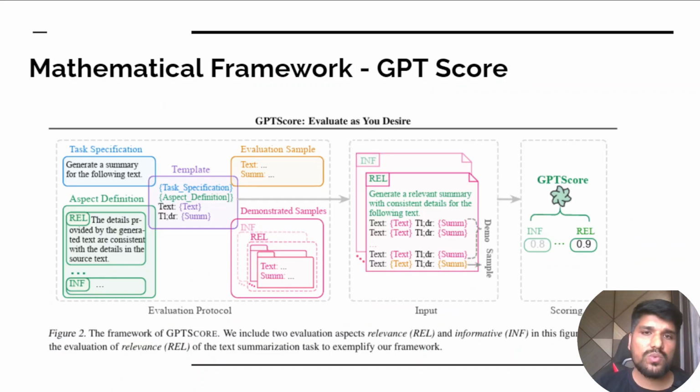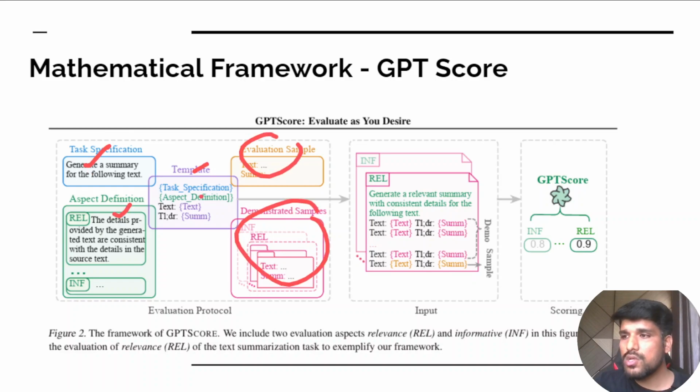And the last one is the GPT score. So as I mentioned earlier, these are the tasks: the definition, the evaluation template, and demonstrated samples. So the generated output is evaluated on different tasks like summarization or translation or whatever, and based on that it will give the GPT score.